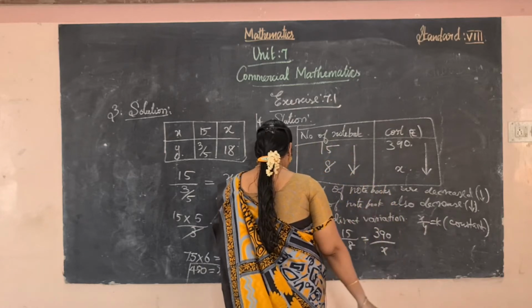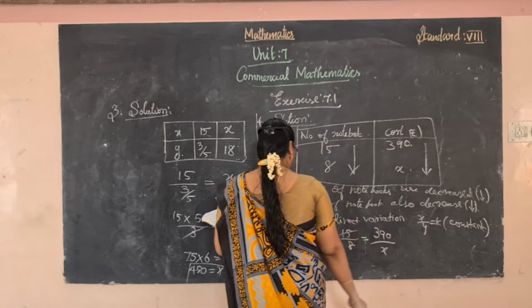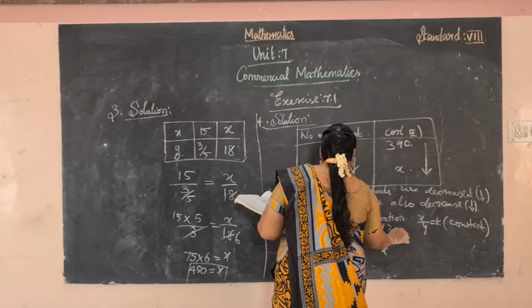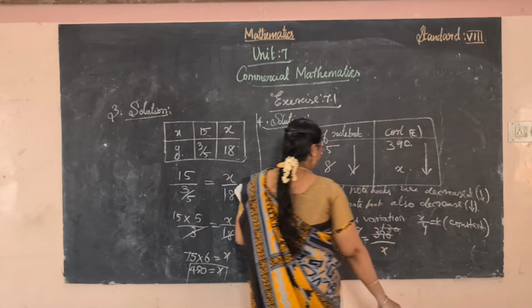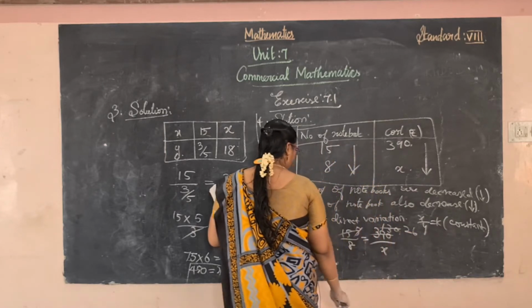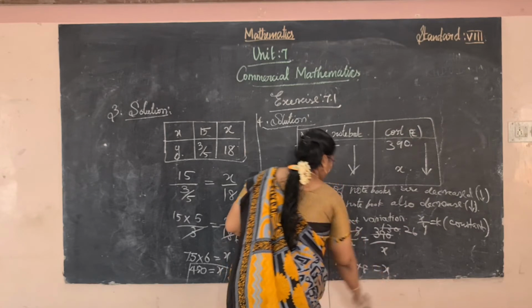Cross multiply. Cancel in the 5 table: 5 times 1 is 5, 5 times 6 is 30. So 26 into 8 is equal to x.